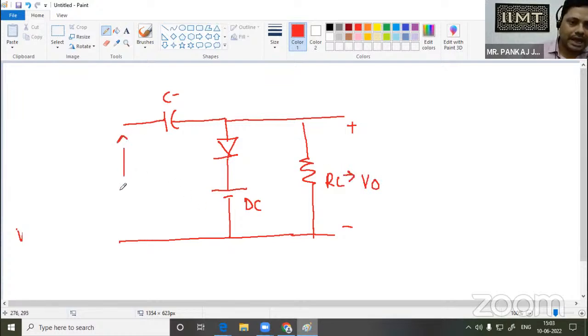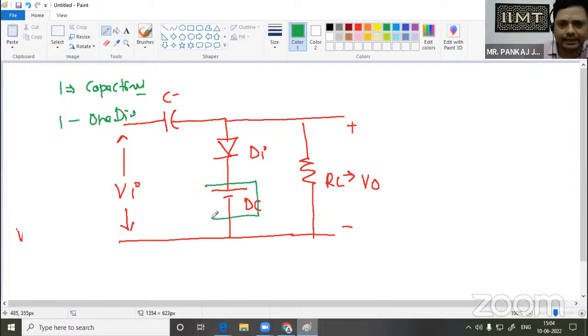Now we apply our input across the capacitor. First we will discuss this circuit, and then the methodology to solve such a question. The important thing is that a capacitor must be there in any clamper circuit, along with one diode, and a DC battery will shift the input voltage.